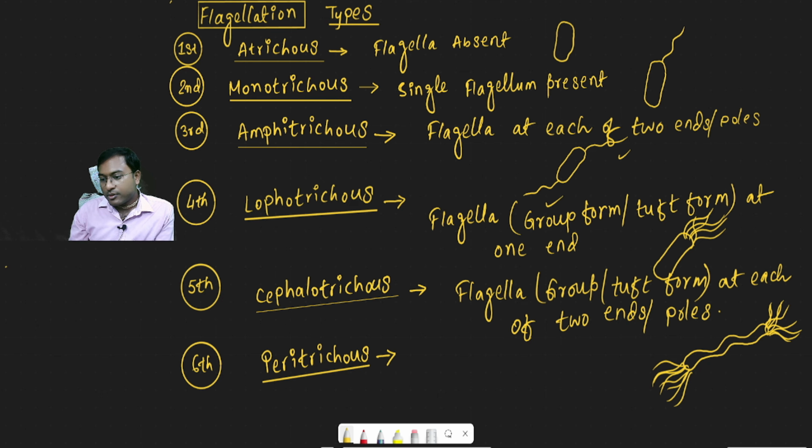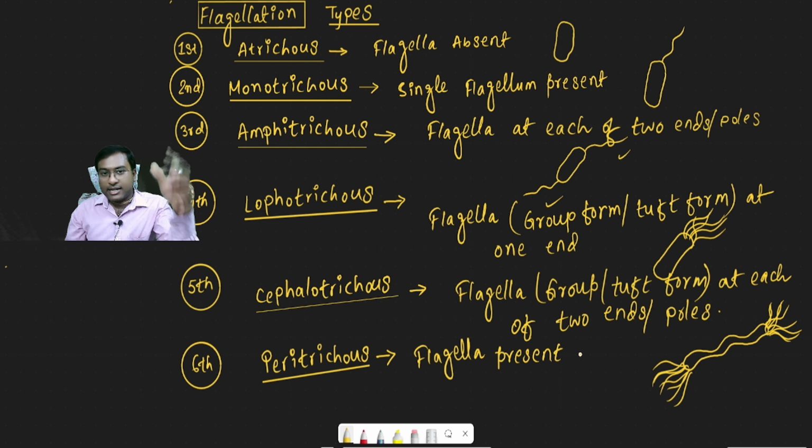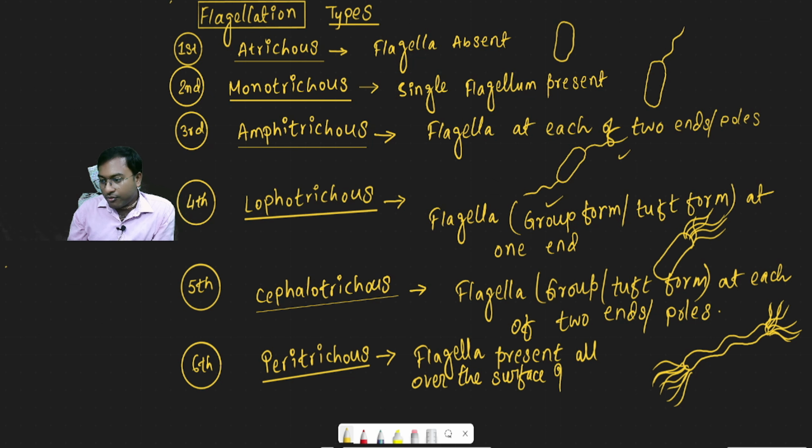In this type of flagellation, flagella are present all over the surface of the bacteria. So all over the surface, flagella are present.